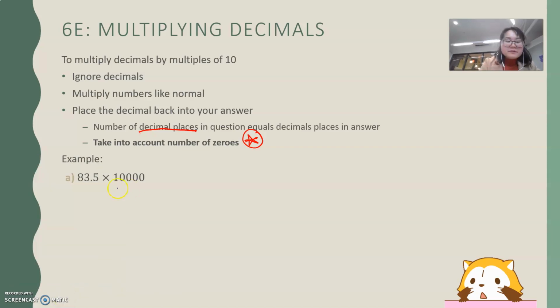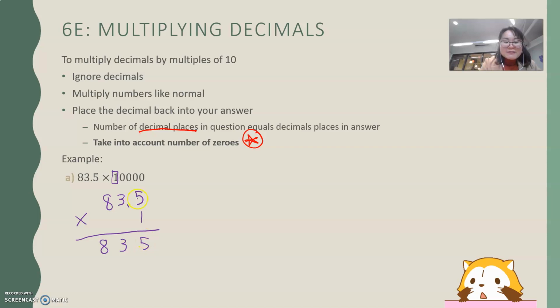Here I have 83.5 times 10,000. I'm actually going to ignore these zeros for now and just focus on the 1. So I'm going to multiply it by 1. And again, when you're multiplying with decimals, you can ignore the decimal to begin with. So 1 times 5, 1 times 3, and 1 times 8.